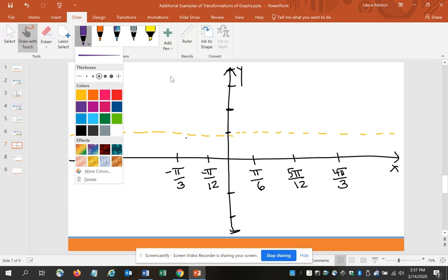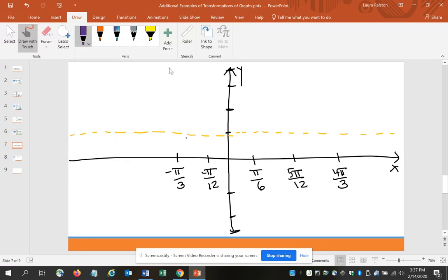Okay, so typically the tangent curve begins with a vertical asymptote. It ends with a vertical asymptote. At the halfway point, you would be at 0, but we have to shift that up 1. So we're going to be at 1. Then on the left side, you would normally be 1 unit below the 0 line, but we're going to change that to 2. Okay.